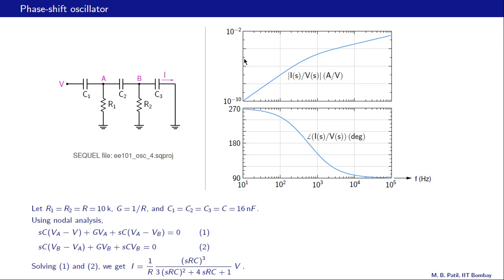So the magnitude of I by V at the frequency of oscillation is about 10 raised to minus 5 amps by volts. So let us remember these numbers. Frequency of oscillation about 500 Hertz and magnitude of I by V at that frequency about 10 raised to minus 5 amps by volts.